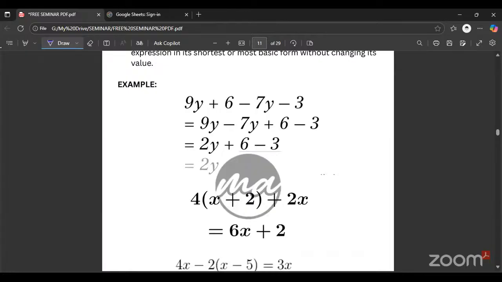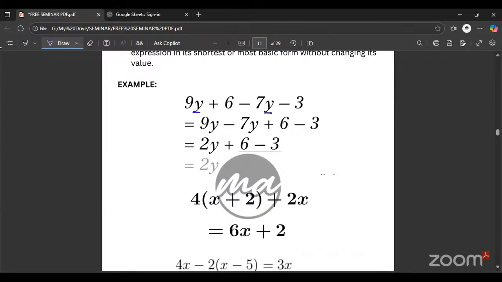Now, for example, the example given here is 9y plus 6 minus 7y minus 3. When you're simplifying, your terms should be the same, which means here there is y and here there is y, so you can add or subtract them together.